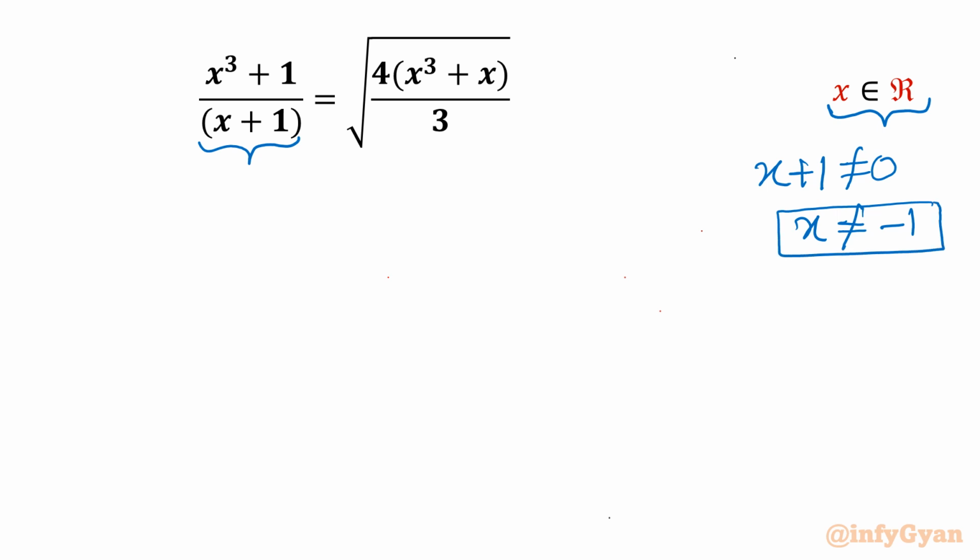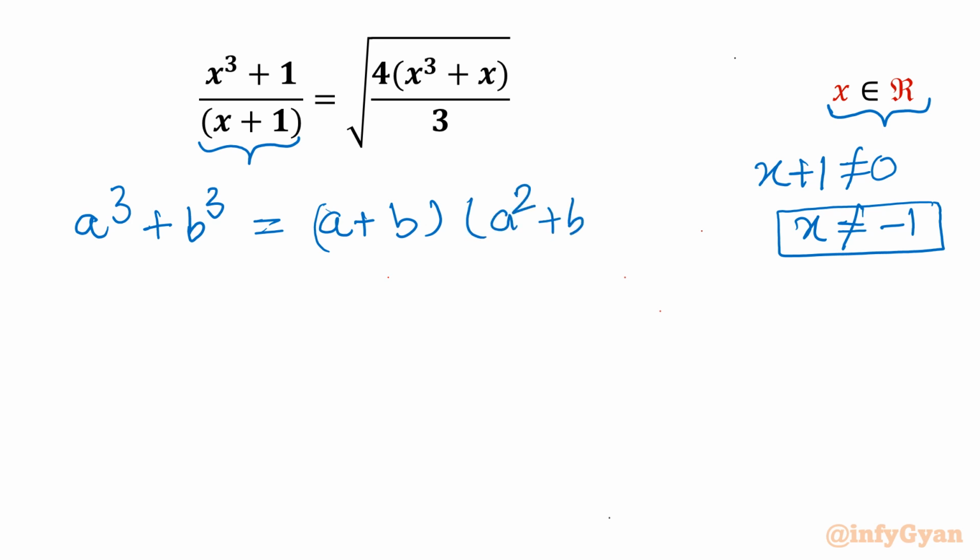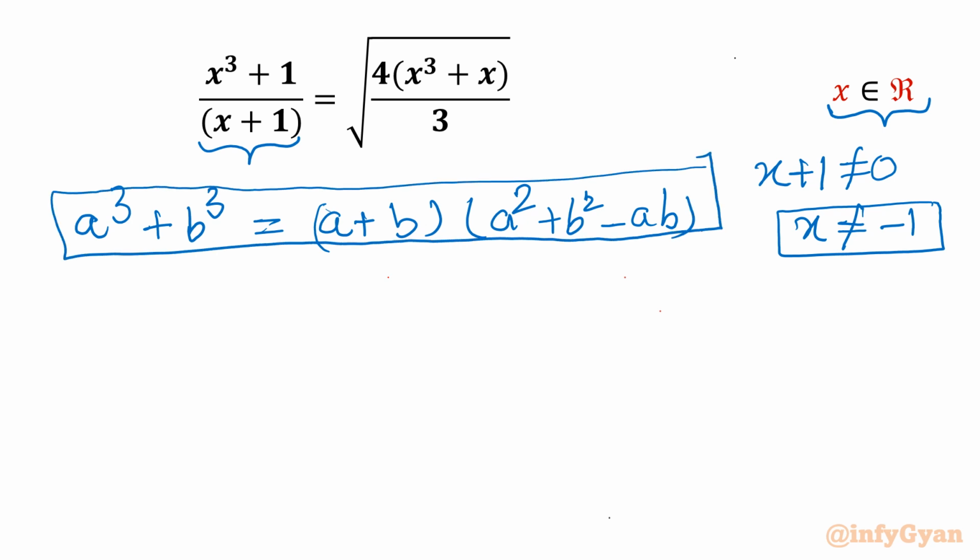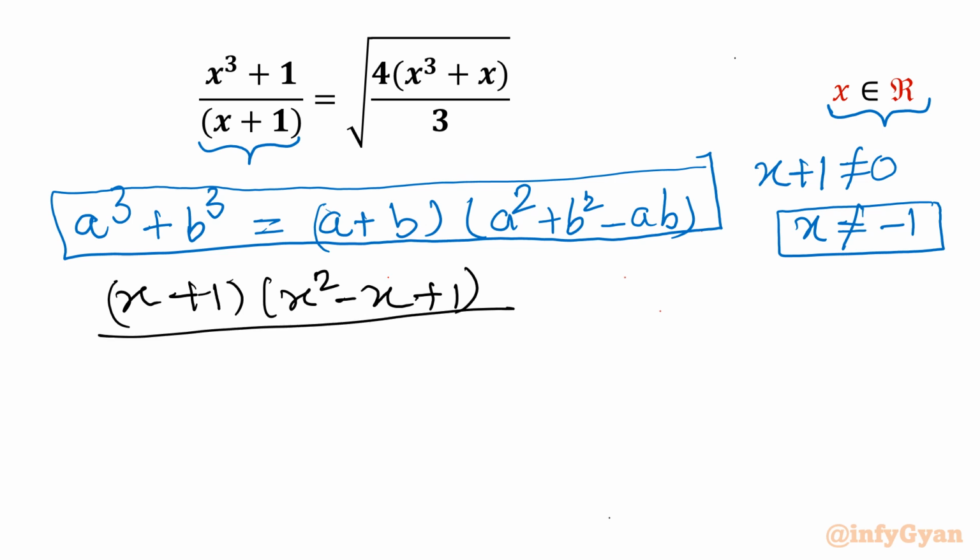Okay, now I will use one identity, a cube plus b cube, in the numerator. So it is a plus b times a square plus b square minus ab. Let's apply this formula to our LHS numerator. So I can write LHS numerator as x plus 1 times x square minus x plus 1, divided by x plus 1.